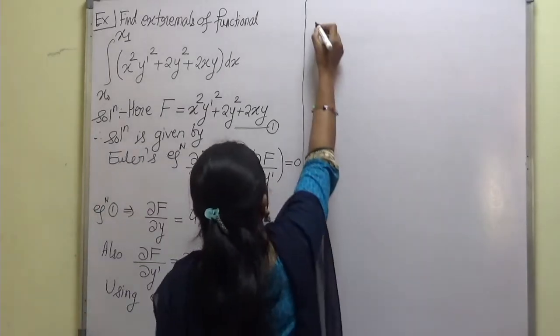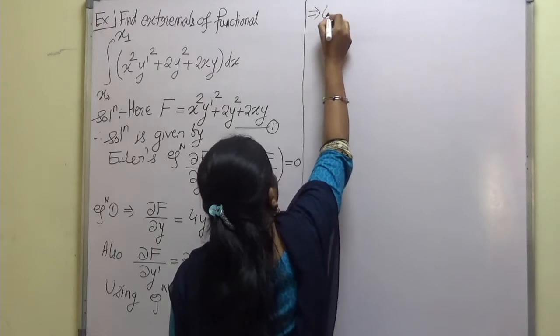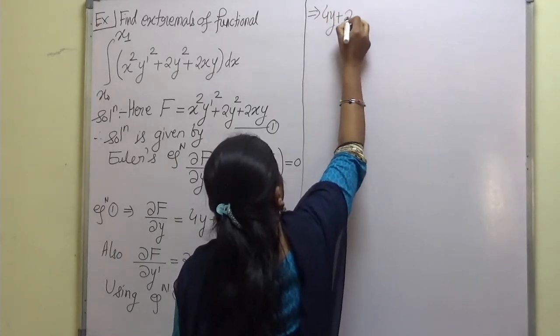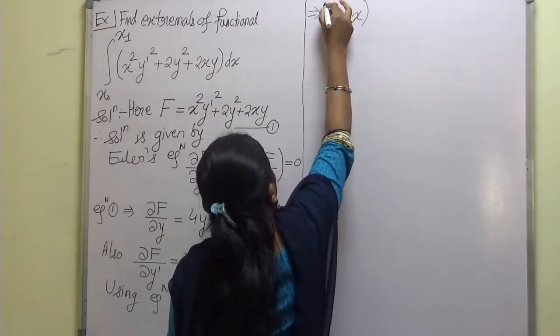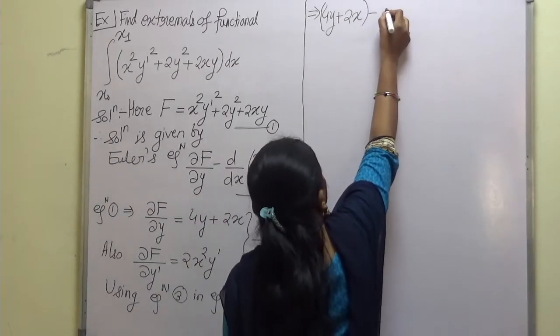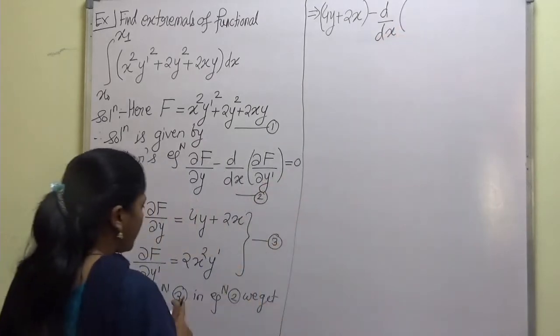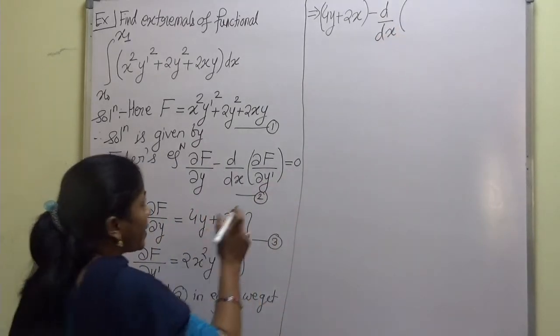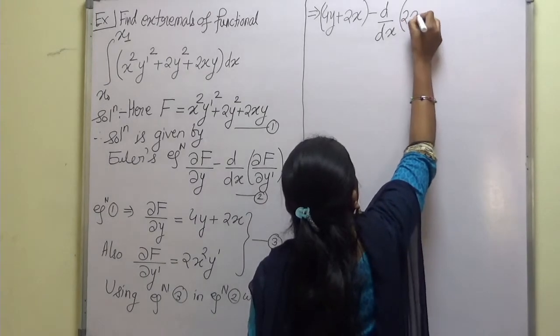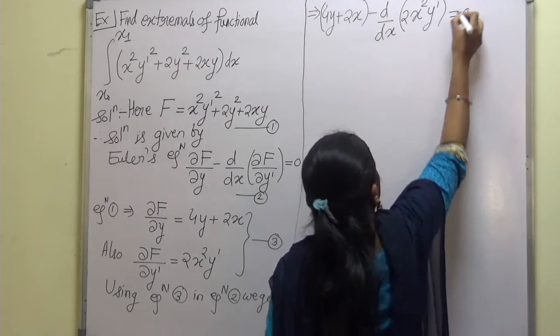So this implies 4y plus 2x minus d dx of derivative with respect to x of del f by del y dash, that is 2x square y dash. So it is 2x square y dash equal to 0.